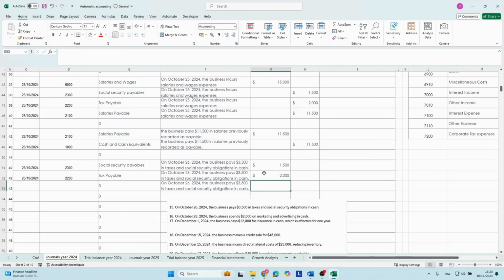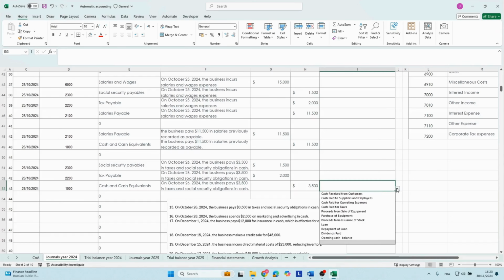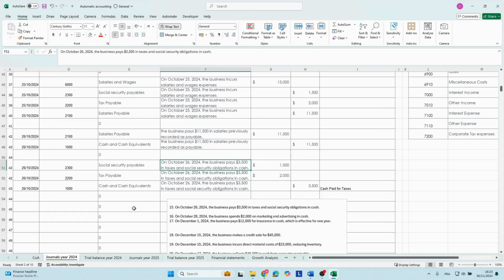Then here we have the amount that's paid, which is 3,500. And here we use the same date, and we use the account for cash and cash equivalent, the amount 3,500. Then we have the cash type, which is cash paid for taxes. So we have booked that transaction.